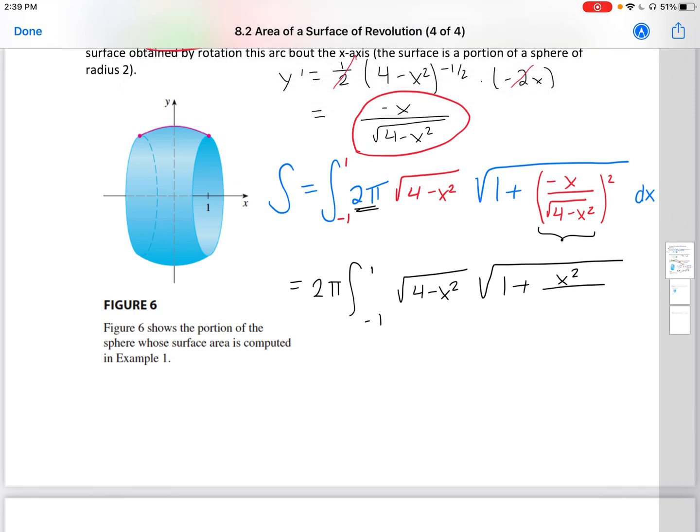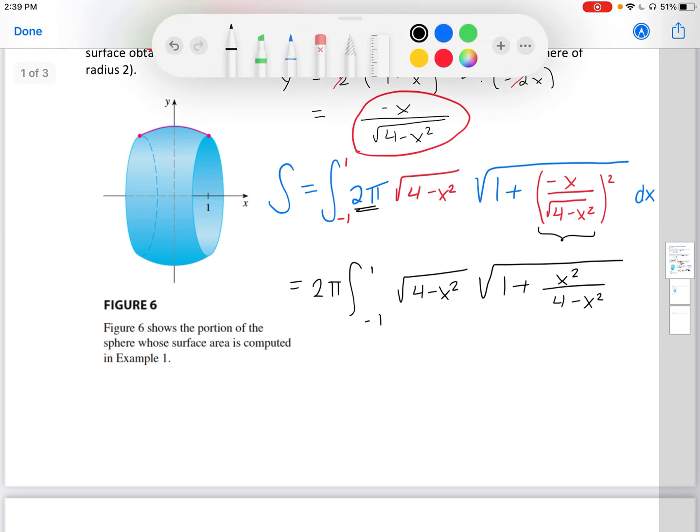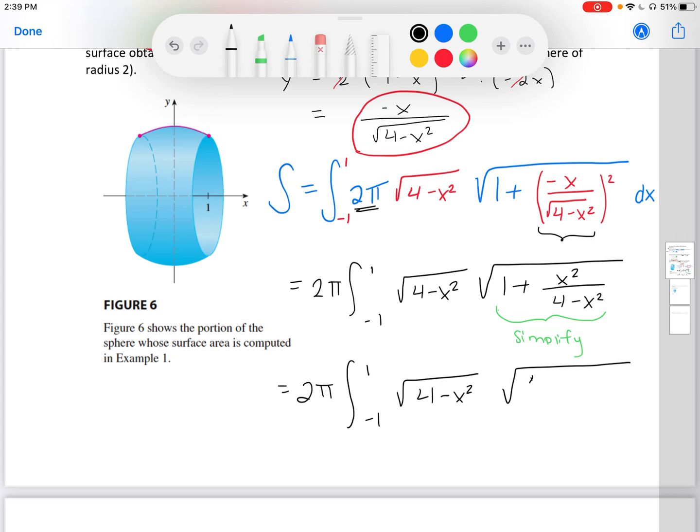And we have our radical squared, so we just have 4 minus x squared. Let's go ahead and get a common denominator and combine like terms and simplify so that we're left with 2 pi from 1 to negative 1, the square root of 4 minus x squared times 4 minus x squared plus x squared over 4 minus x squared. We just got a common denominator.